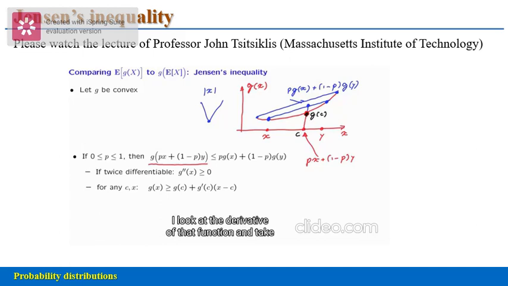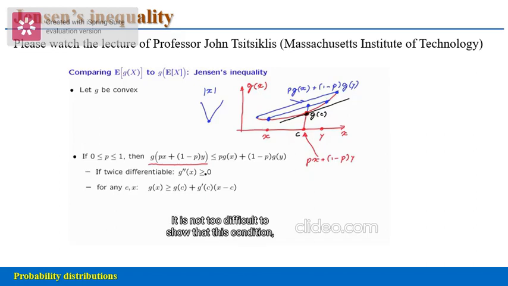I look at the derivative of that function and take this quantity, which is the derivative times how far I am going. This quantity here is a first-order Taylor series approximation of my function. So it corresponds to this black line. What this condition says is that the function lies on top of that tangent line to my function.